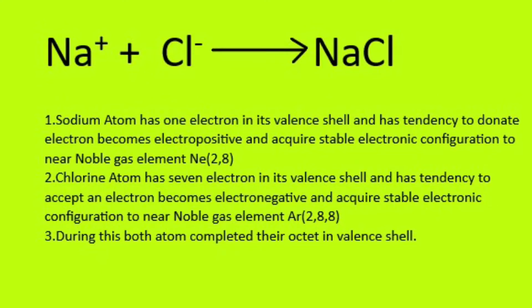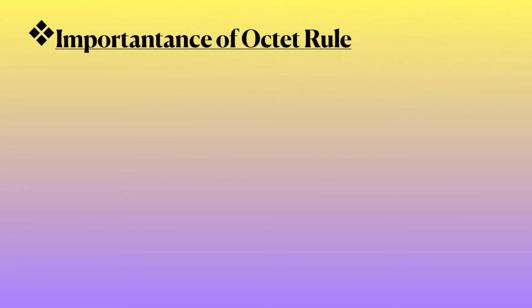So during the formation of the ionic bond, both atoms complete their octet in their valence shell and NaCl becomes a stable molecule.